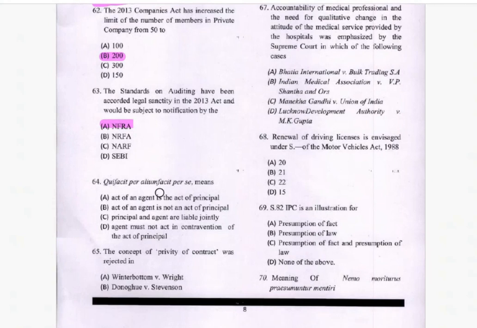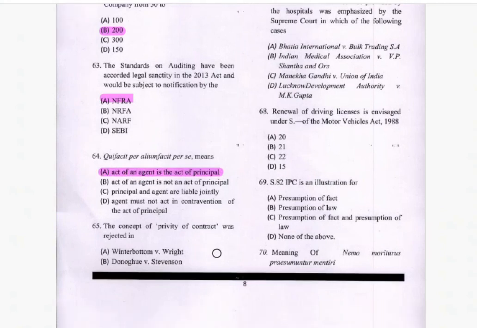Qui facit per alium facit per se means an act of an agent is the act of the principal. This maxim comes under vicarious liability. The concept of privity of contract was rejected in Donoghue versus Stevenson.